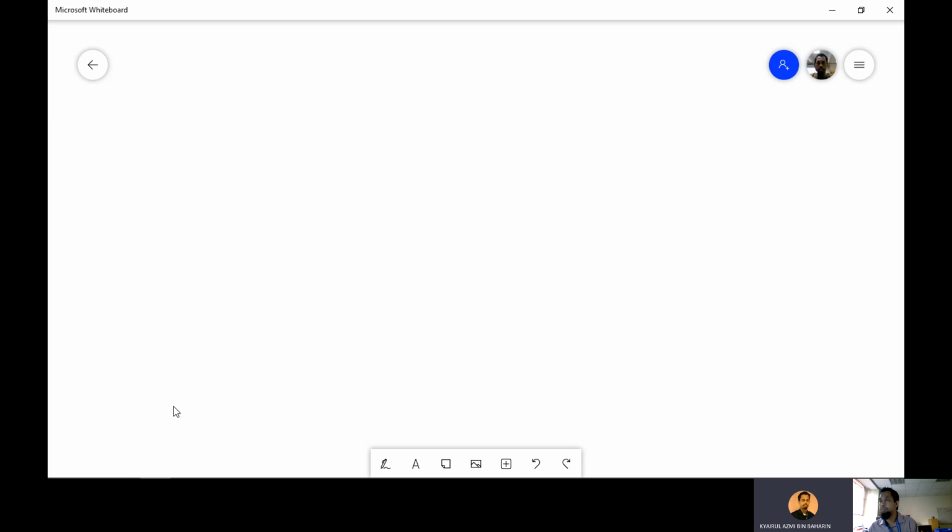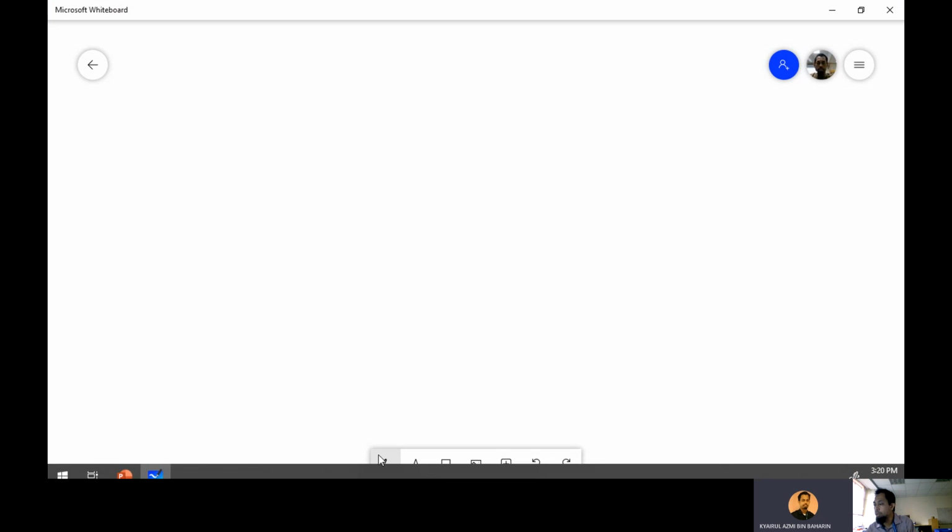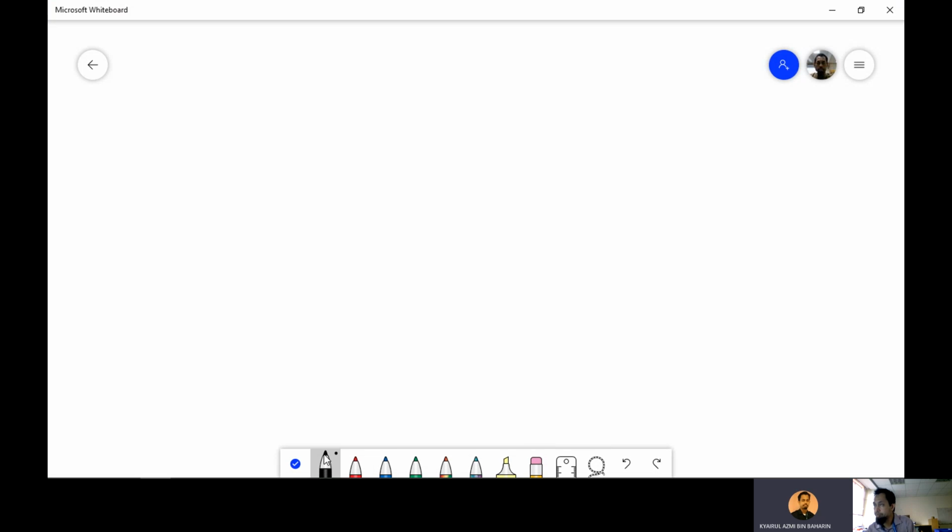Okay, so let's first discuss the concept of a diode. So the diode, we can label it or draw it something like this. So you have a triangle.